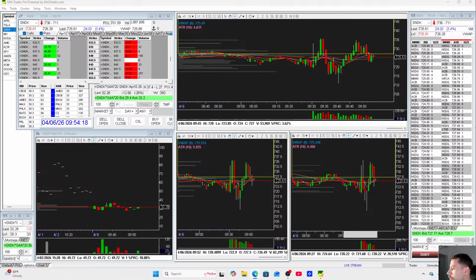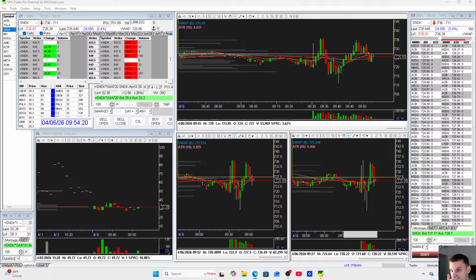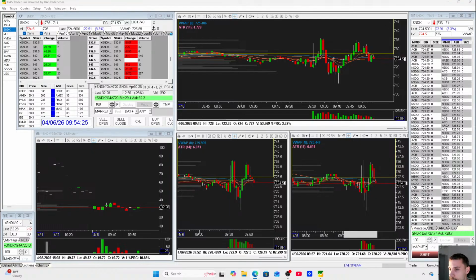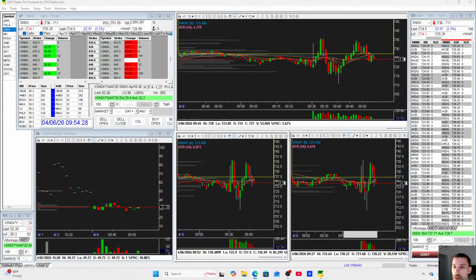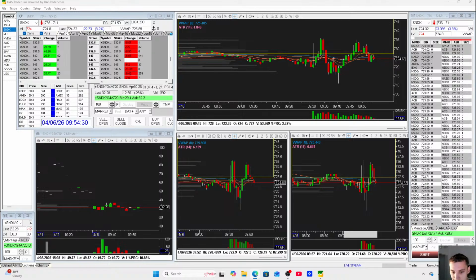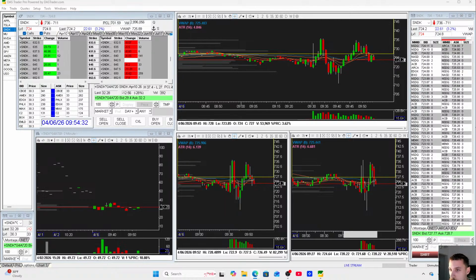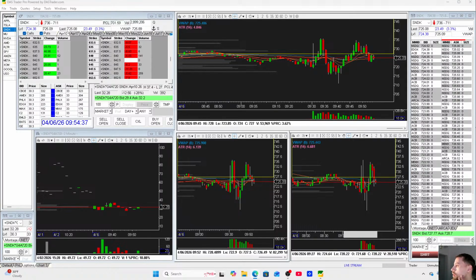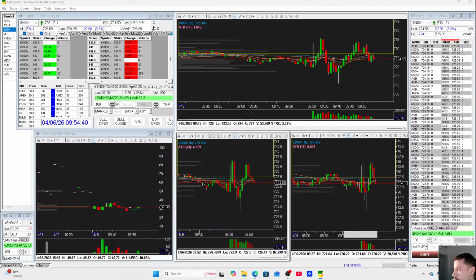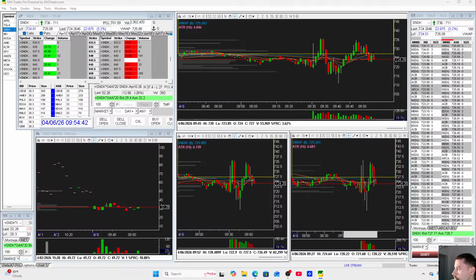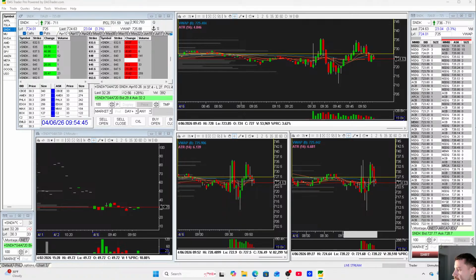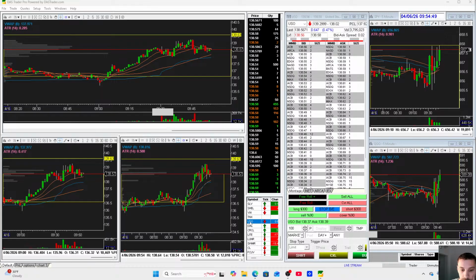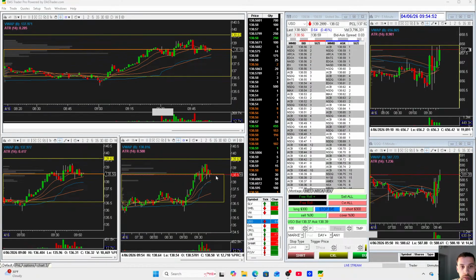Just waiting to see this 5-minute candle close on SNDK. Nothing's really going on with it. Price action's very choppy. Uso not wanting to give up that level here.